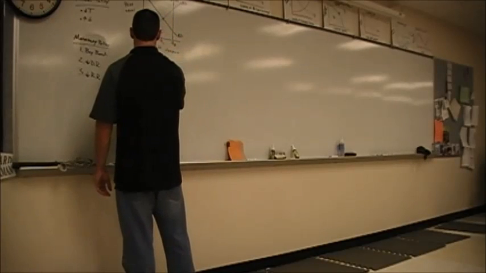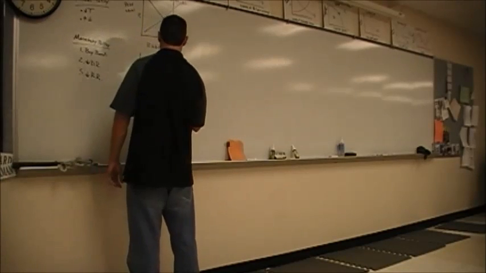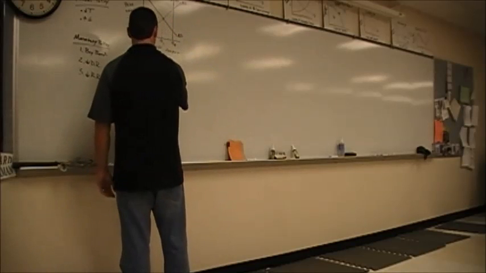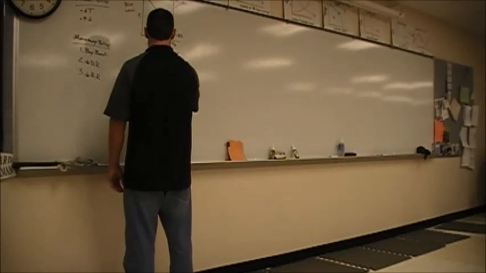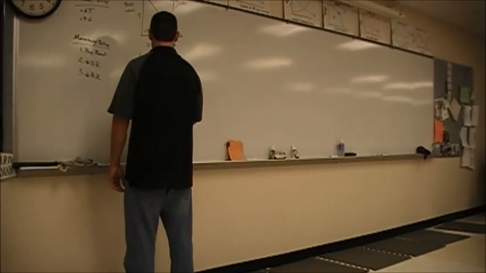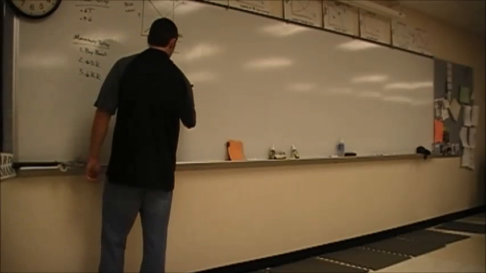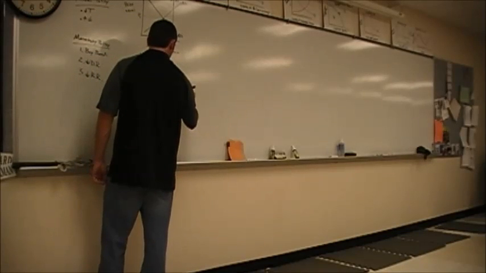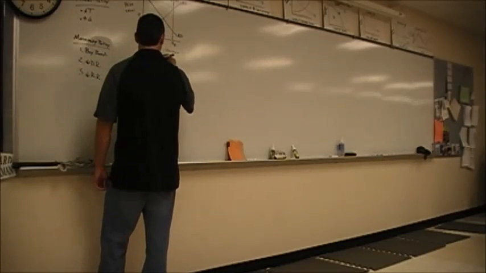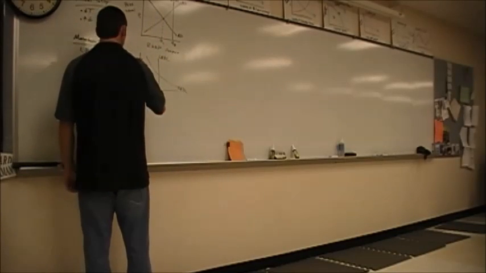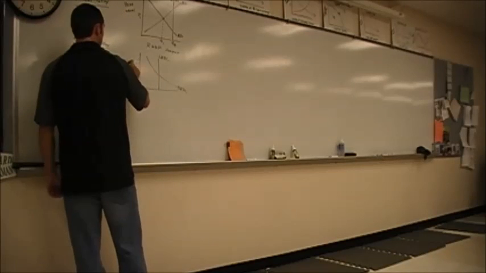And we'll show how this will relate to our Phillips curve. On the Phillips curve, we have the short run Phillips curve and the long run Phillips curve. What's over here on the vertical axis?